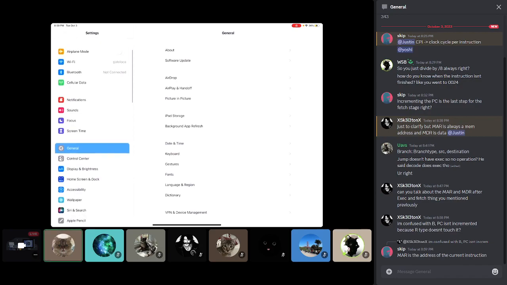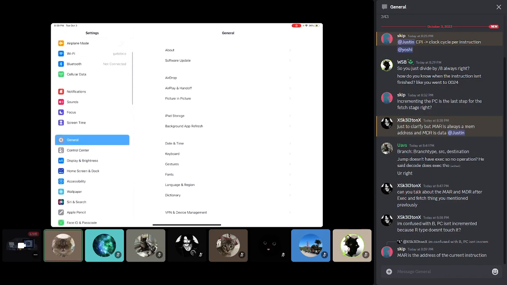MAR is the address of the current instruction if it's never changed, right? So for R type, for jump, for what is it? Branch? Does branch change MAR? I don't think so.